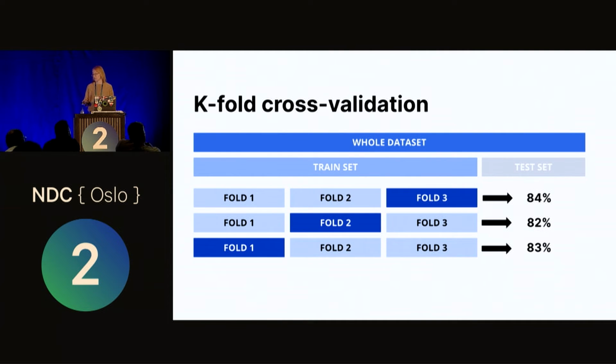So what do we do with that? We simply average it, and that gives us our validation estimate for how that model is going to perform in the real world. Once we've gone through all of the different models that we want to train, we then can apply that to our pristine test set again, hopefully giving us a good indication of how it's going to perform in the real world.